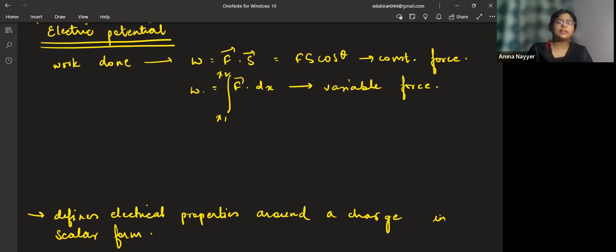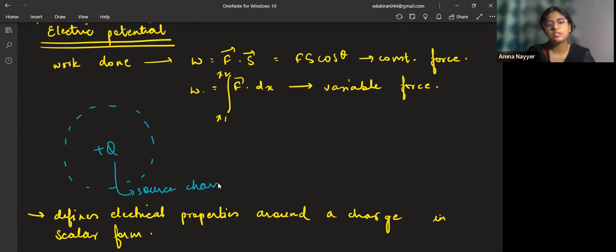So electric potential: if I give you a source charge, let's say plus Q, this charge will have a field around itself. The difference between electric potential and electric field is that I have taken this test charge from infinity to this particular point.